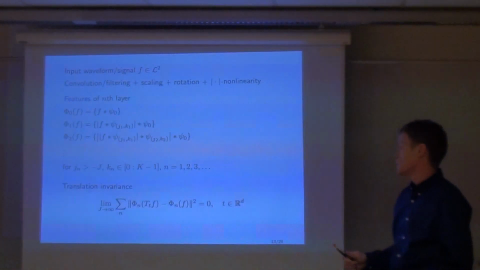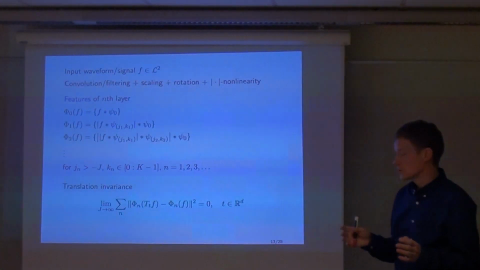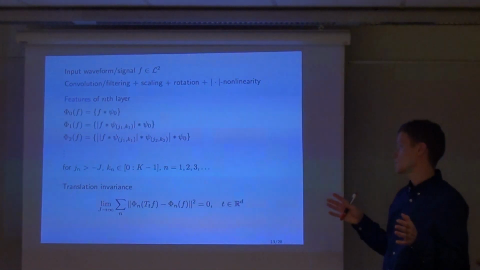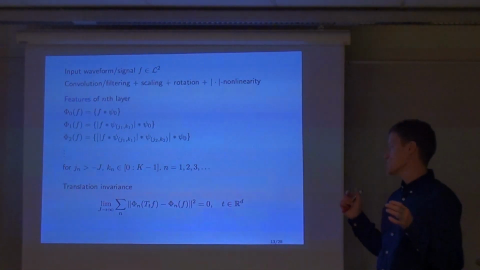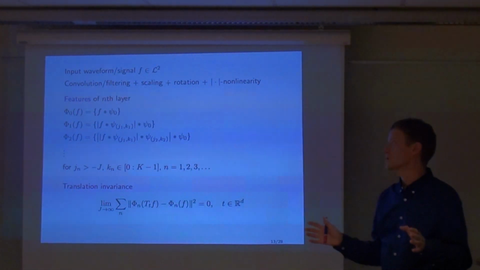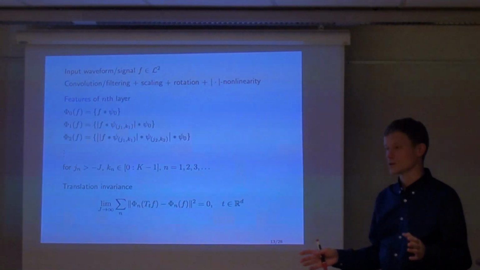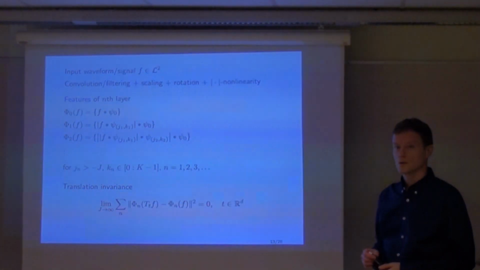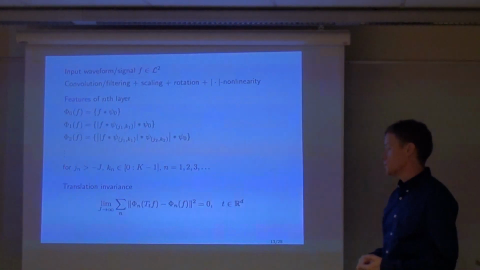Then, let's see now, what does this mean? The features in the limit are preserved, or they are not affected by translation. I guess that's what it says. And when is this good?